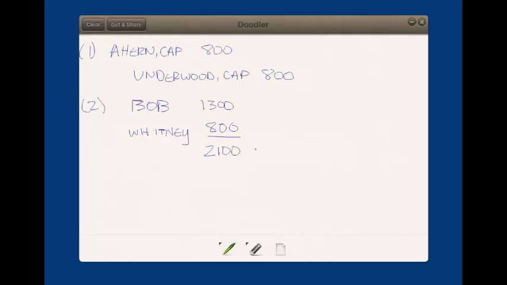So this is the value of two parts because we have two partners. So what's the value of one part? One part is 2,100 divided by 2, which is 1,050. Okay, so that's what Underwood needs to invest in order to have a 1/3 interest.